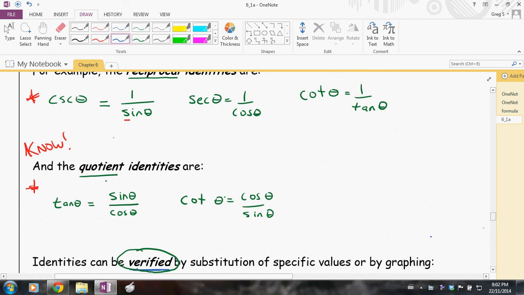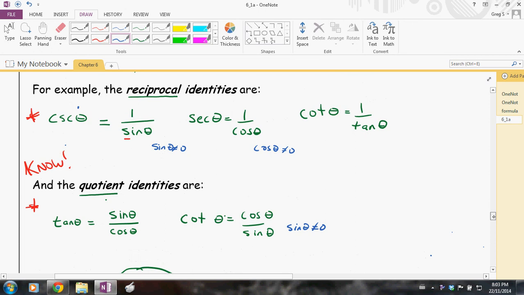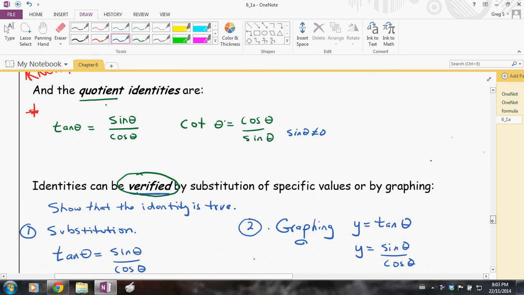The restriction here would be that the sine of theta cannot be equal to 0, and cos of theta cannot be equal to 0, because they're undefined, right? Here, cos of theta can't be 0, and this one over here, the sine of theta cannot be equal to 0. So these are all the restrictions. They are still the case when you have the quotient and these trig identities, and you can identify them for where there would be a vertical asymptote if you were to graph them.